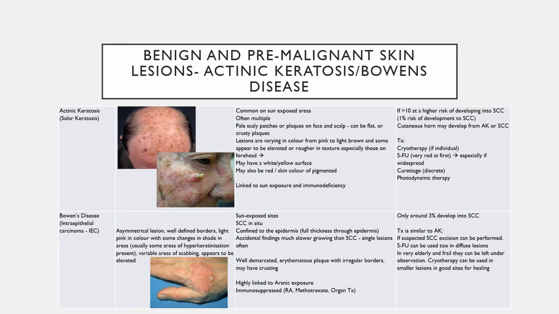I've also noted that you can get a cutaneous horn with it. With that, I think a lot of people would be a bit frightened and think, oh, I need to biopsy this, because you can get that from actinic keratosis, but you can also get it with SCC. If there are just individual lesions, it's really easy to treat with cryotherapy.